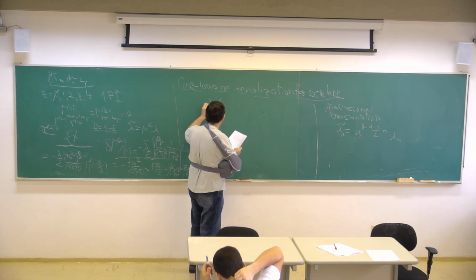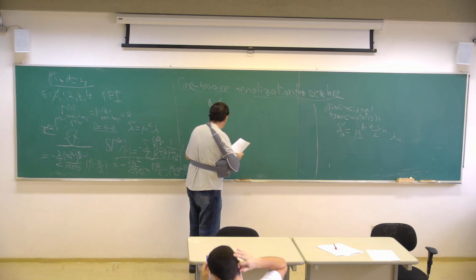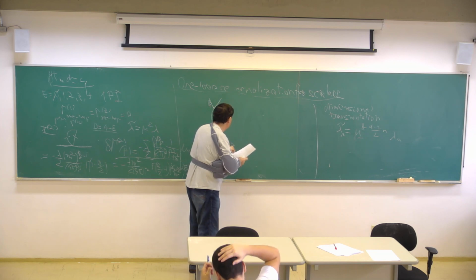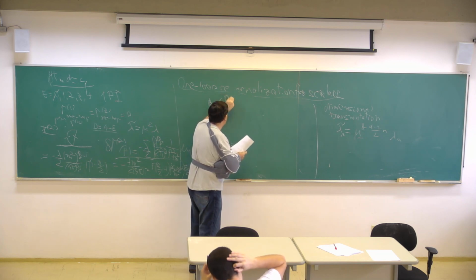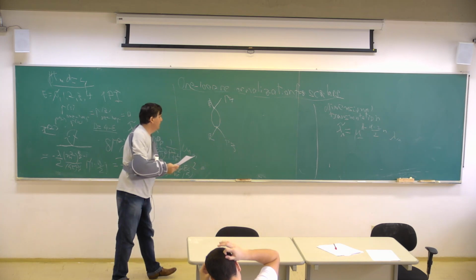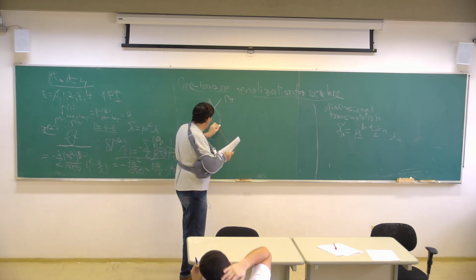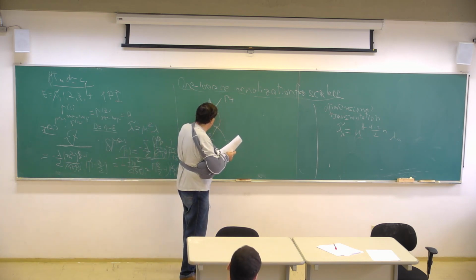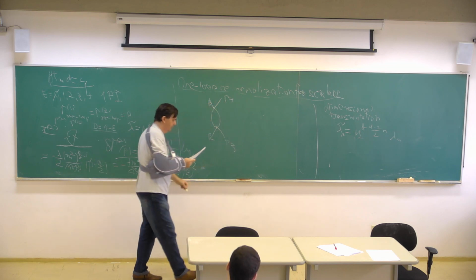So let's say I define this P1, P2, P3, and P4. First of all, that's the only possibility because it's one loop, and then at each point I have to have two external lines because I have 4-point interactions.